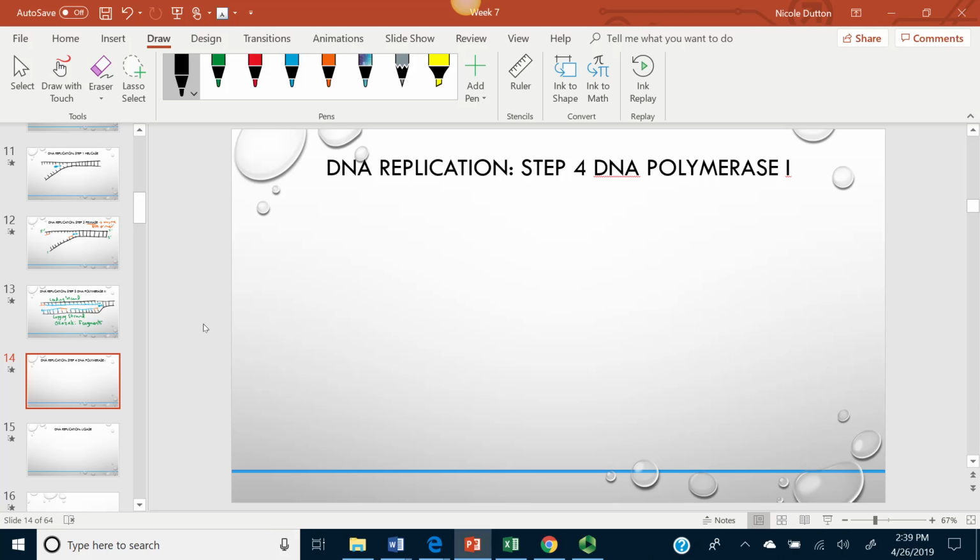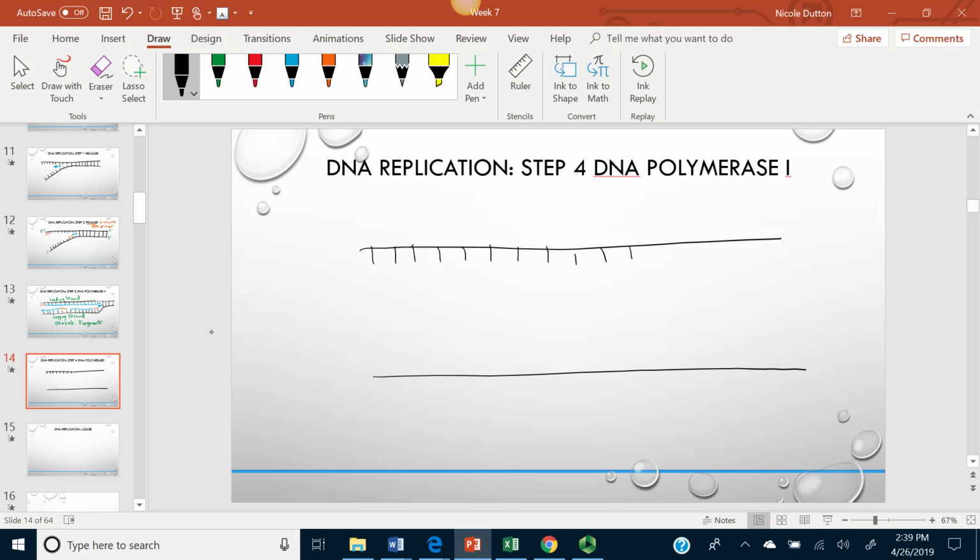So when DNA has been completely replicated, our leading strand looks like this.